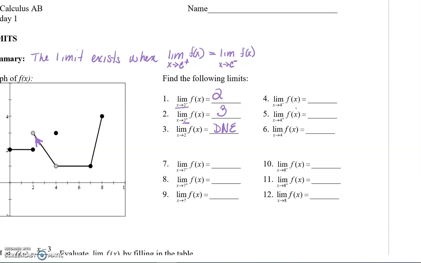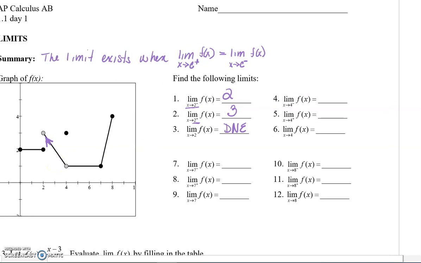So it's approaching 4 from the left. It does not have to equal a y value at 4, it just has to approach it. And so the limit as x approaches 4 from the left equals 1. The limit as x approaches 4 from the right of f of x also equals 1. So in this case, I can say the limit exists.